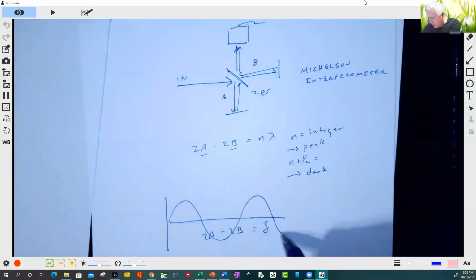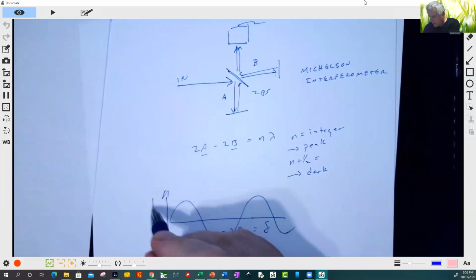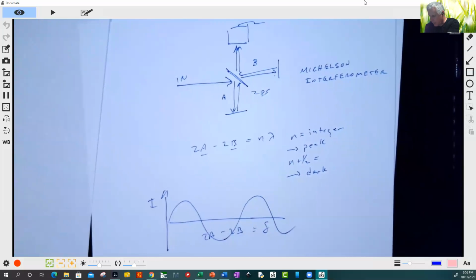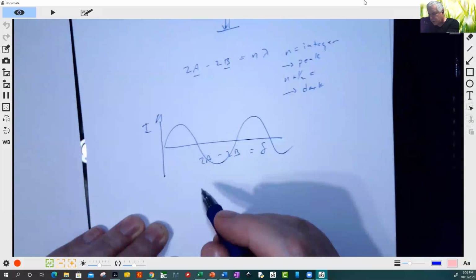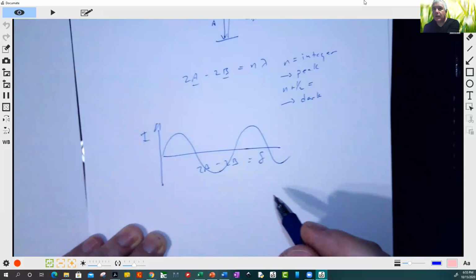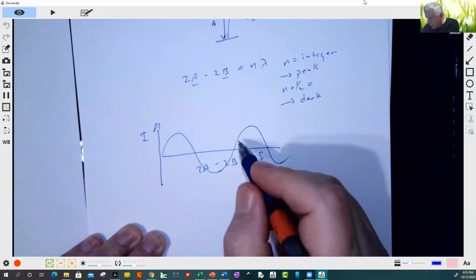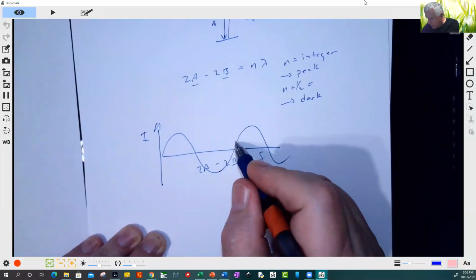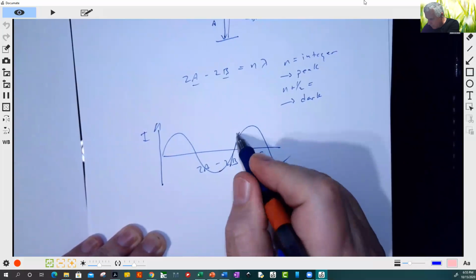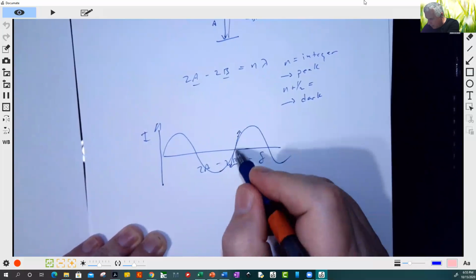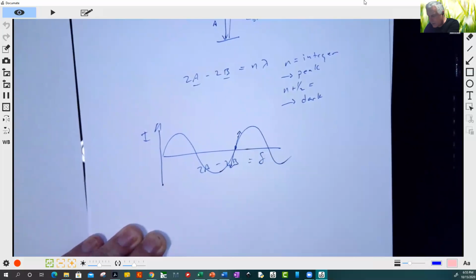You'll see a sinusoidal pattern like that, where this is the intensity. Actually, you see a cosine squared pattern, whatever. But what they do is they just park it at a certain place like this, and they look for the change in intensities.